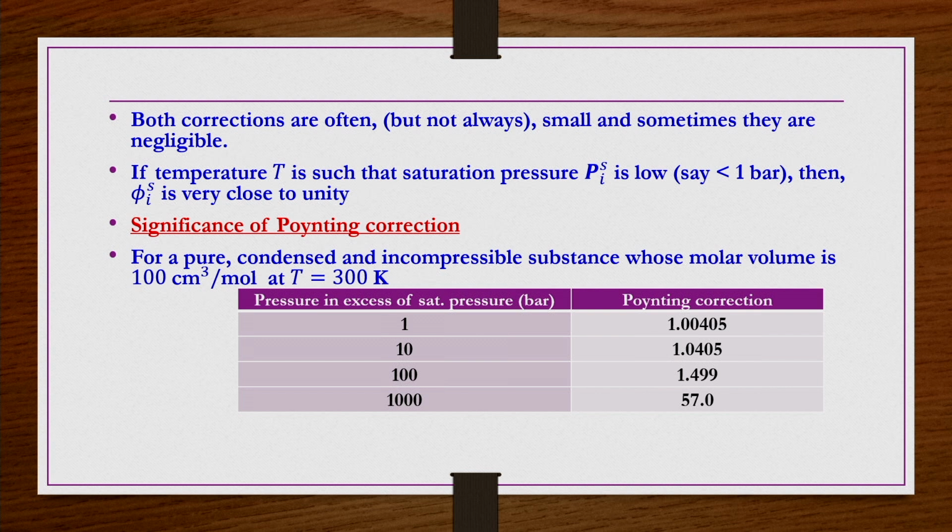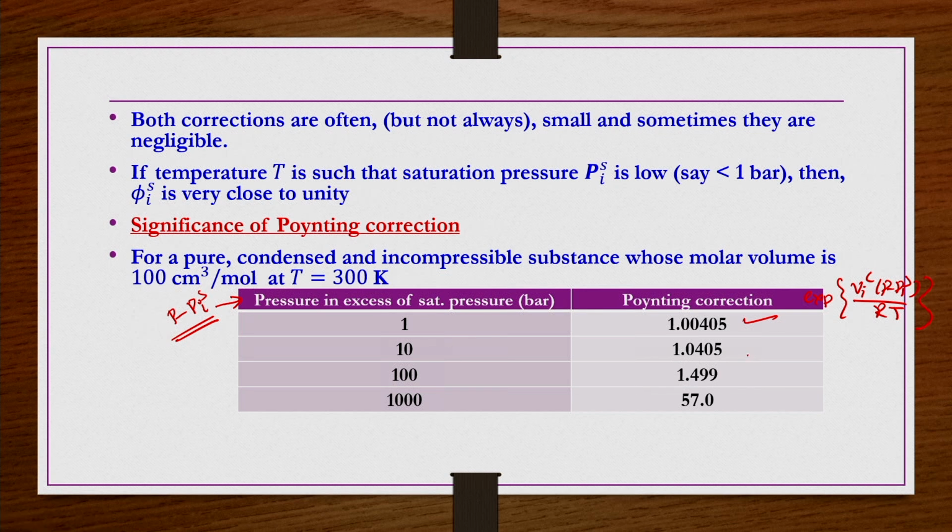Now, if the pressure in excess of saturation pressure, that is P minus P_i^S, whatever the ΔP is there, that ΔP is 1 bar, then the Poynting correction, that is exponential of V_i^C (P minus P_i^S) by RT, if you calculate by taking V_i^C equal to 100 cc per mole, then you will get 1.0040 if ΔP is 1.